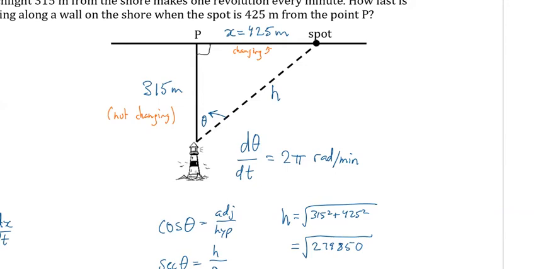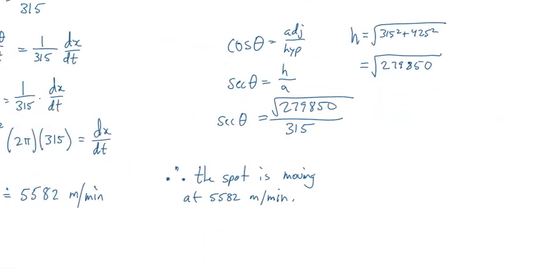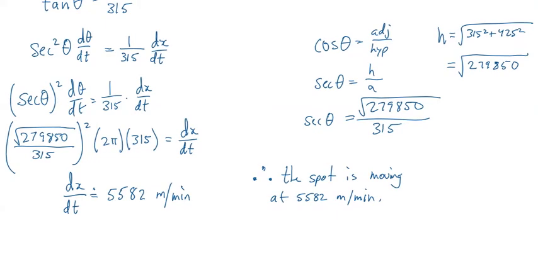What else is a little bit different about this question compared to other ones that we've done that I think is important to talk about? Somebody asked a really good question about it in Block A. The question was, which direction is the spotlight moving? We didn't actually say whether that distance was increasing or decreasing.